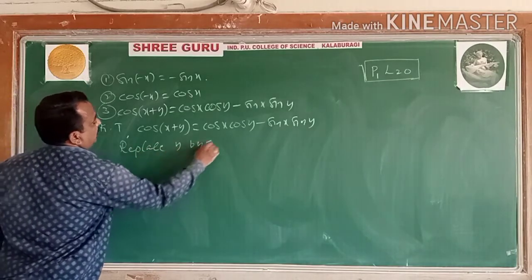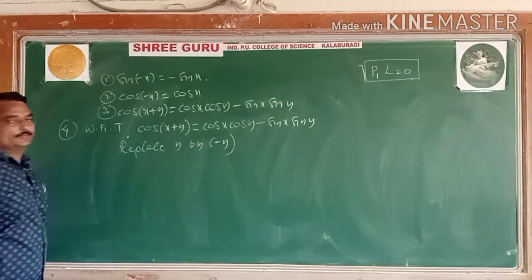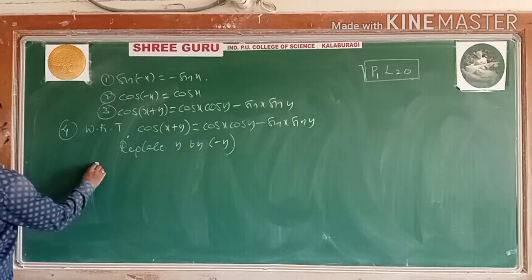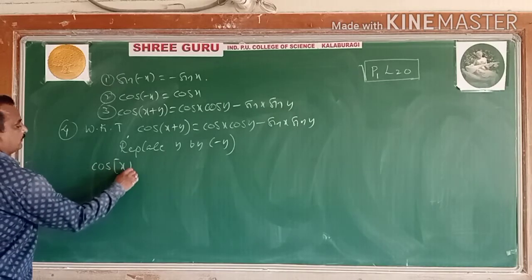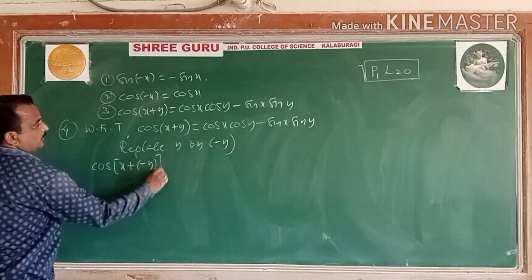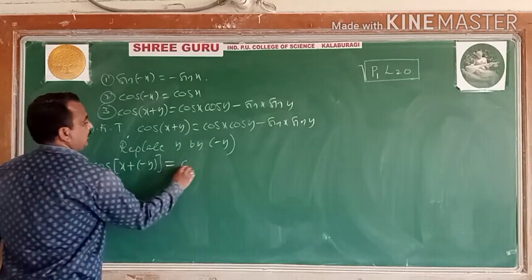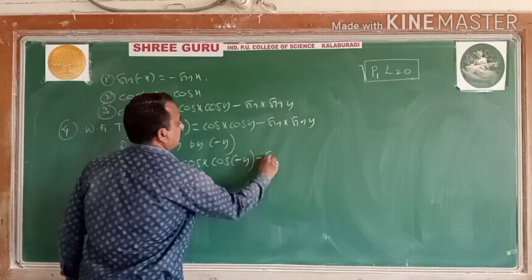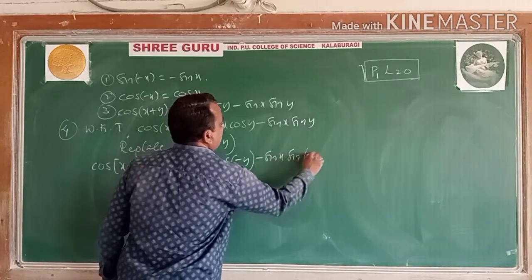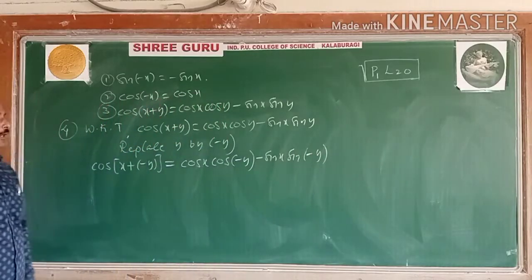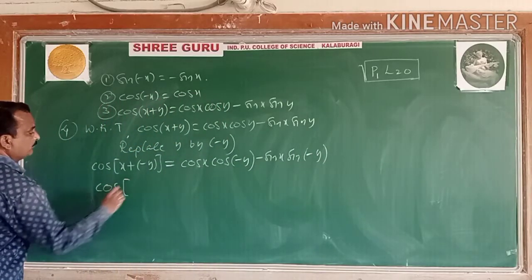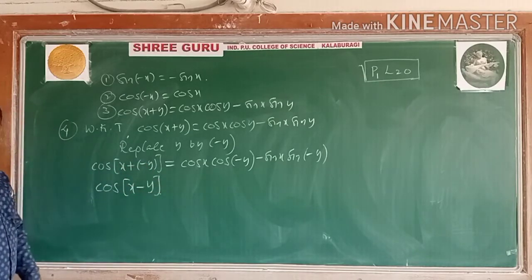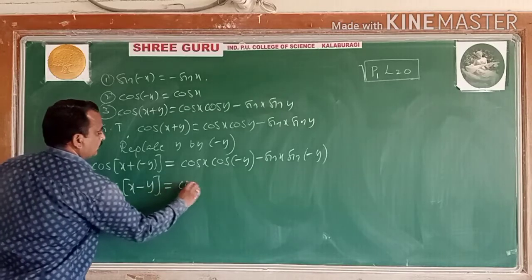Replace y by minus y. Wherever y is there, take minus y: cos x into cos of minus y minus sin x into sin of minus y. So it becomes cos of x minus y is equal to cos x as it is.